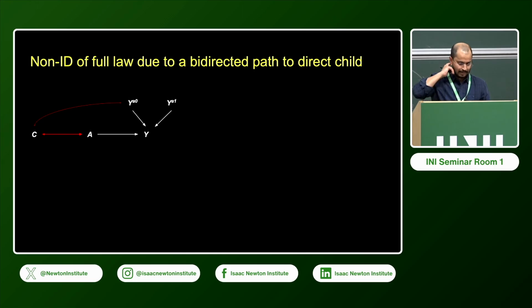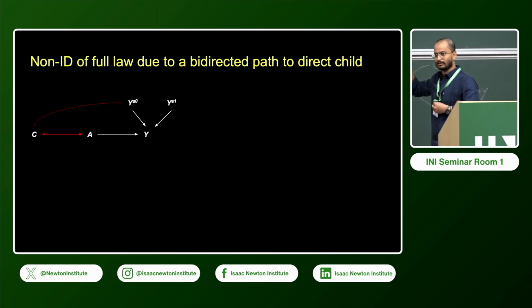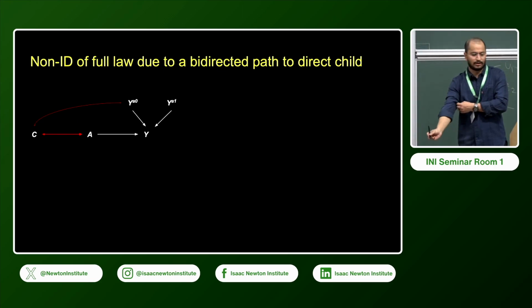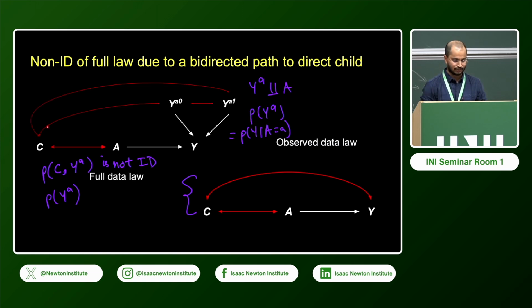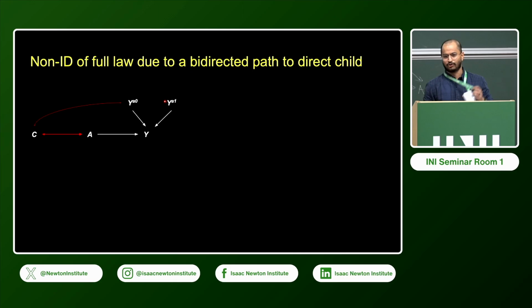All right, but it's kind of interesting to see, again, the argument for why things aren't identified here. So you could play the same game. I'm going to make this model as simple as possible. I'm going to go to a submodel where I don't have the extra edges from C to Y^{A=1}, and I also don't have the cross-world edges.